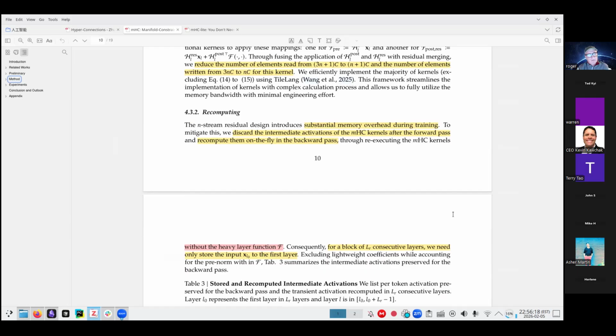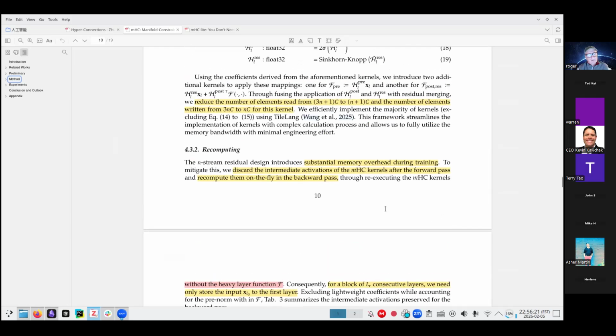On top of this, if you're not using Muon yet and you're using Adam, then Adam stores momentum and squared momentum for everything, and so you run the risk that this MHC model will need more GPU memory to train than the regular model would have.